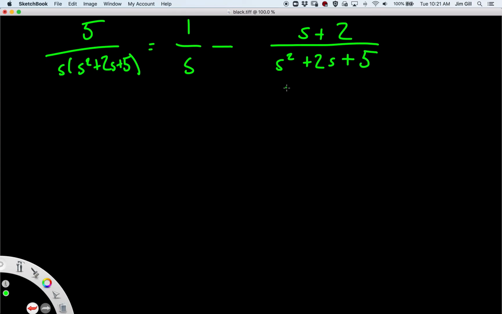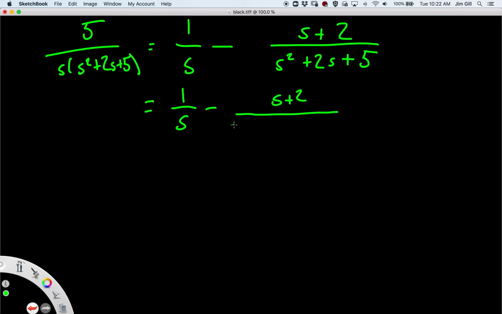Now, recall, we're looking for a reverse transform that's going to have sine or cosine type properties. To do that, we need to have something squared in the denominator plus something else squared. We don't want this s in the denominator at all. So to deal with that, we have to complete the square. So this is s plus 2.